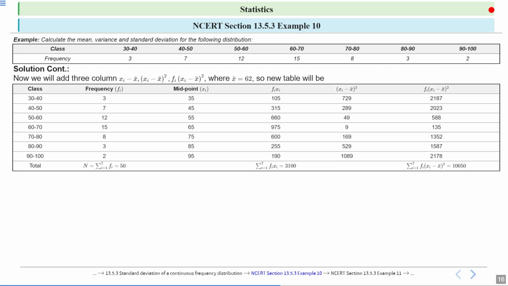So this is our new table and here we added three new columns, xi minus x bar, xi minus x bar whole squared, and fi times xi minus x bar whole squared. Okay, and then we calculated n and sum from i equal to 1 to 7 fi xi and sum from i equal to 1 to 7 fi times xi minus x bar whole squared, and this is equal to 10,050.